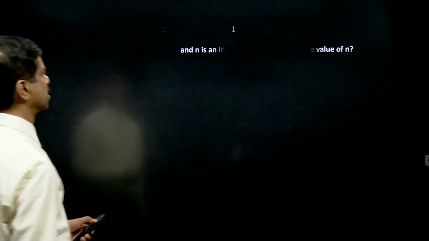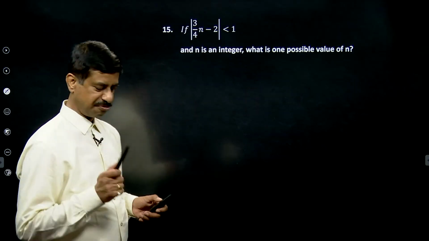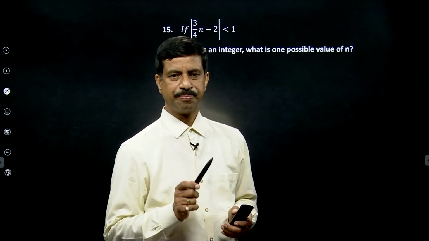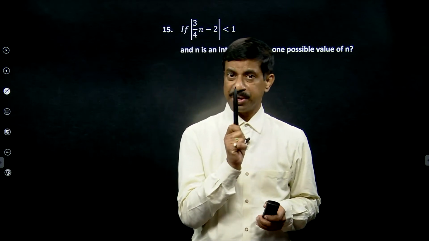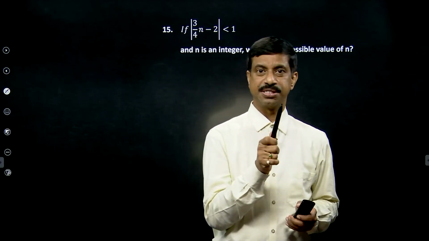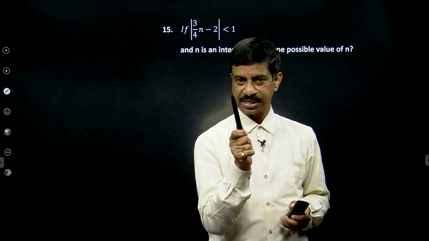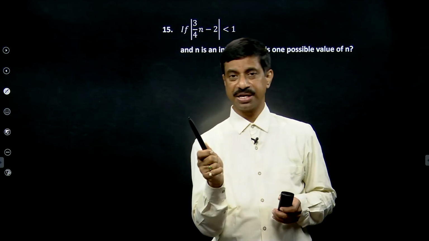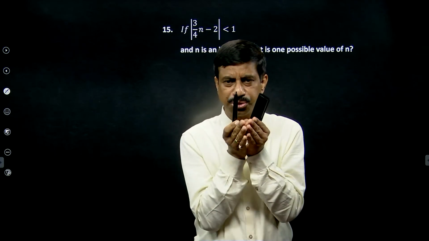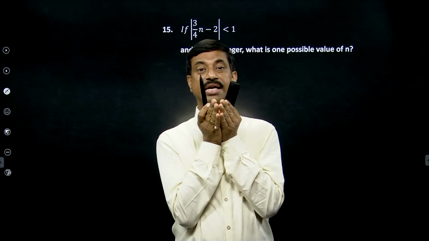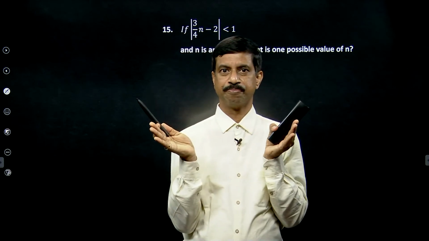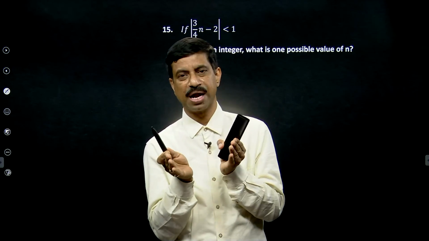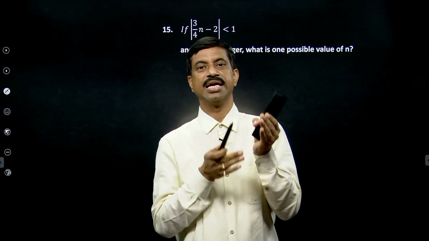Right children, let us go to the next one. See children, if you observe these inequations, you should be very careful in using signs, greater than, lesser than, positive, negative, all these parameters you should take into consideration. You cannot neglect any of those parameters. You should always take all these parameters into consideration and keep working.